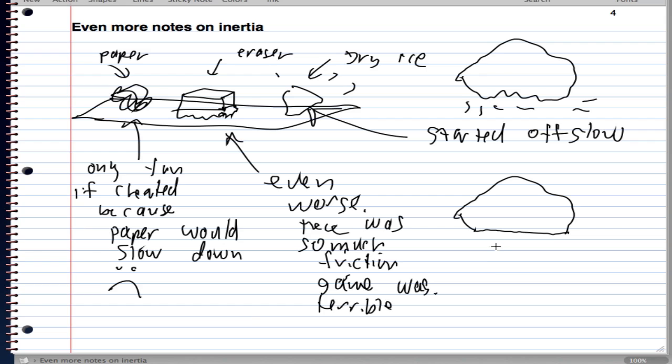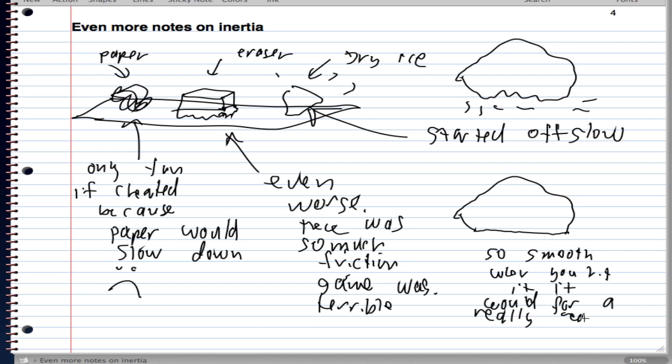And what would happen is it was so smooth, and the cushion of CO2 provided air, or not air, but carbon dioxide gas, so that the thing was barely touching the table, that when you hit it, it would go for a really, really long time.